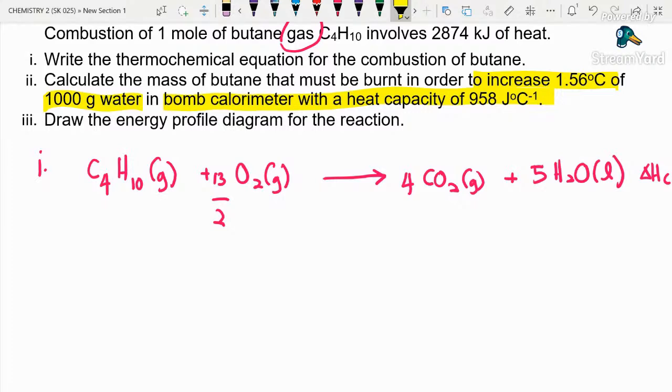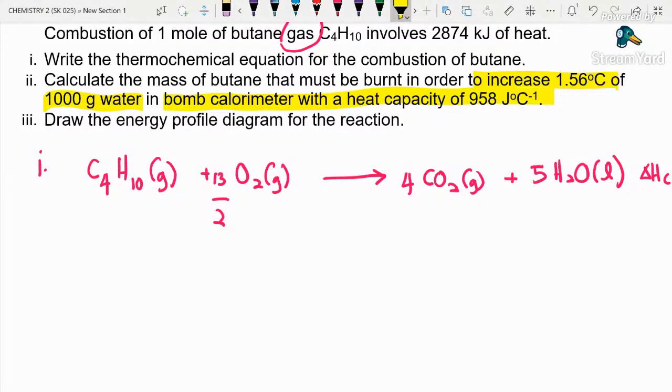Calculate the mass of butane that must be burned. The concept is like before. Butane is burned, and the heat released from burning butane is used to raise the temperature of the water. The water sits inside the calorimeter, so we need to consider both.